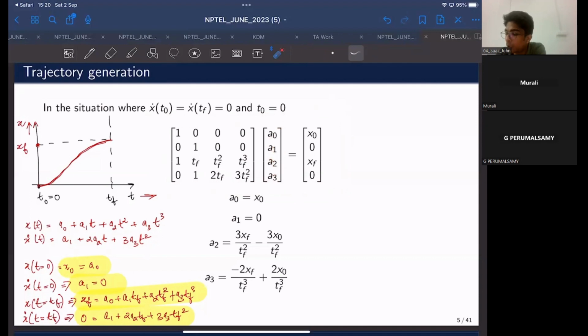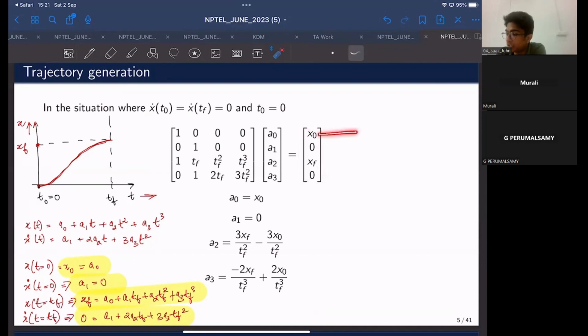You already know this variable tf because the A matrix is only a function of tf. tf is the duration of your trajectory. So if it begins from t0 equal to 0 all the way to tf, and the final position is achieved at time tf, that is basically known.